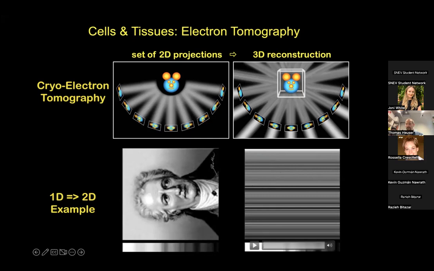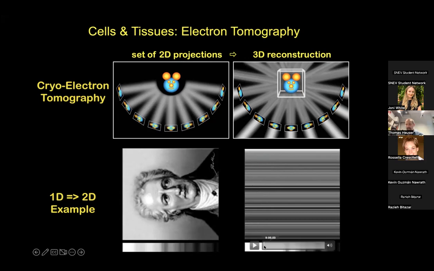The way this works goes like this. You take one of these 1D projections, and the trick is to display it at precisely the angle where it was recorded. And then you just extend it from one dimension into the second one. So you basically just copy it.